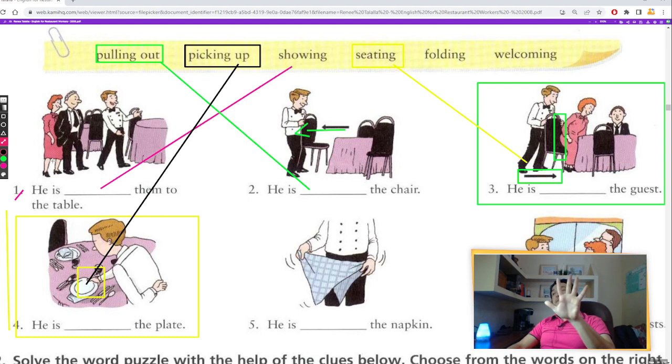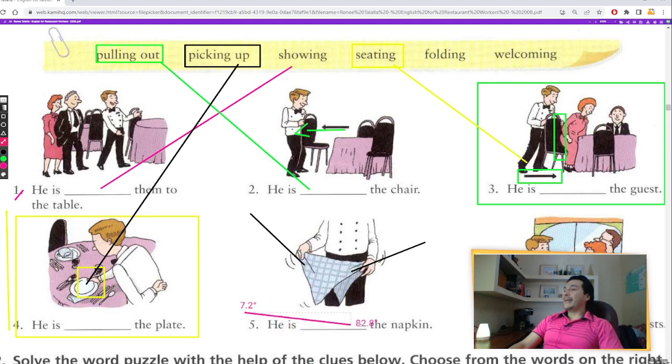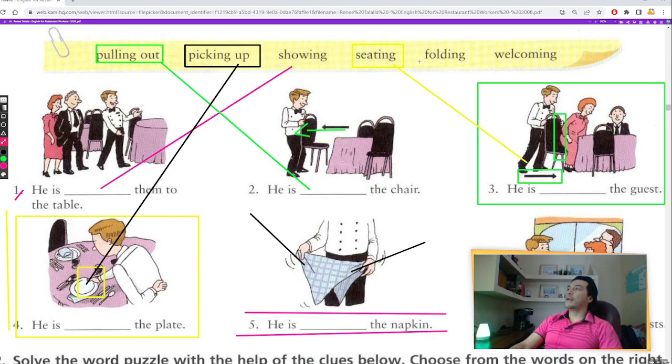Number 5. What's going on right here? With the napkin. He is blank the napkin. He is folding the napkin.